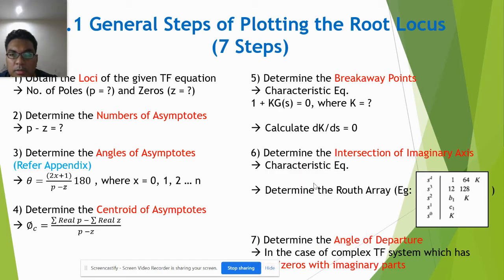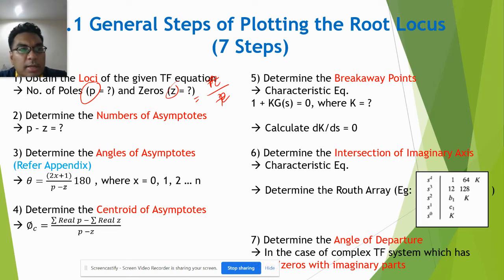From the given transfer function, you have the poles P and the zeros Z, and you should know how to extract those values.